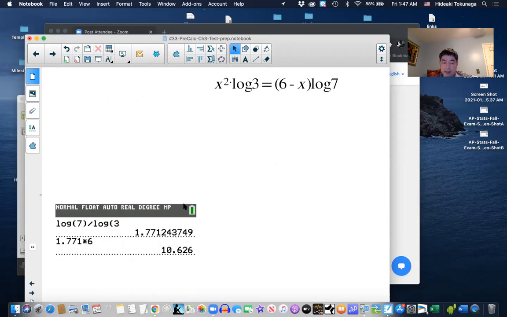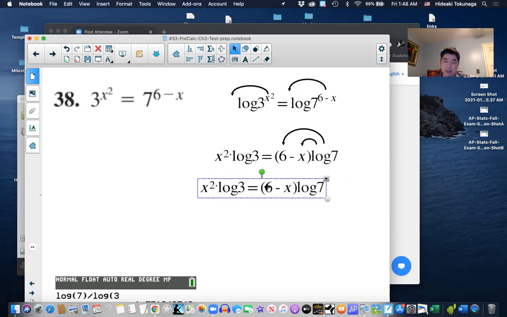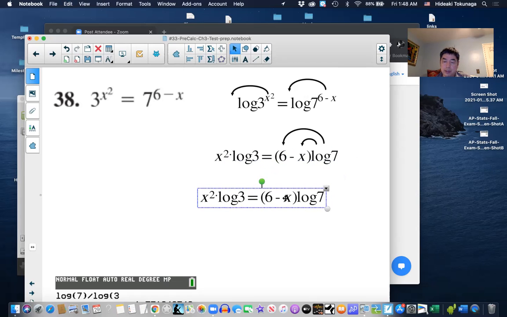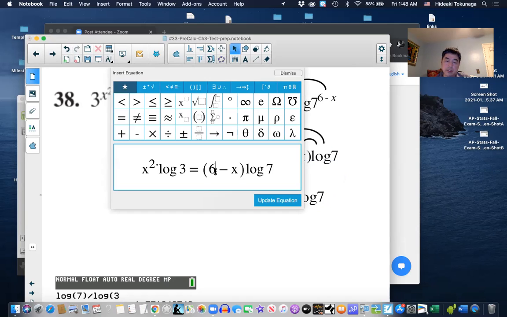Maybe that's how I did it, but now I realize this is x squared and something. So let's do algebra. We can collect like terms. Actually, distributive property. Okay? So with the distributive property, it's going to be 6 times log 7, 6 log 7, and negative x log 7.